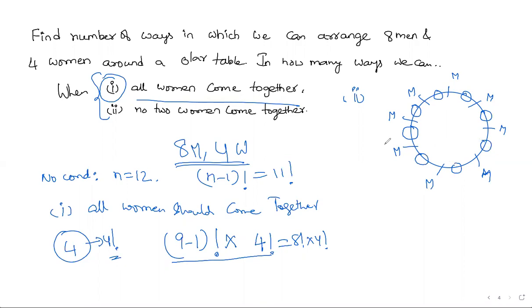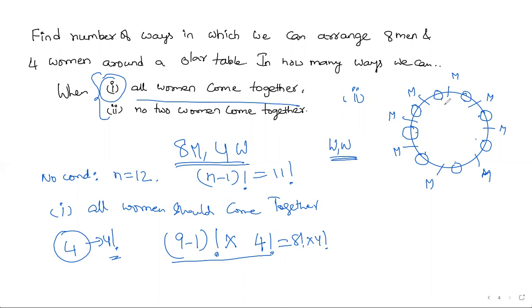So what they're asking is no two women should come together. So there should be no two women right next to each other. So our only choice is that we have to place women between two men. So here 1, 2, 3, 4, 5, 6, 7, 8.